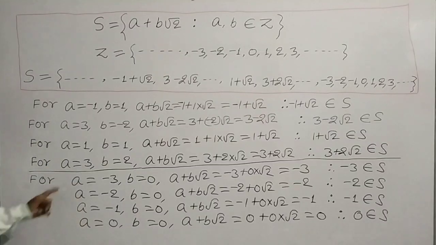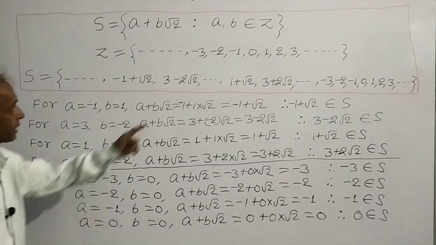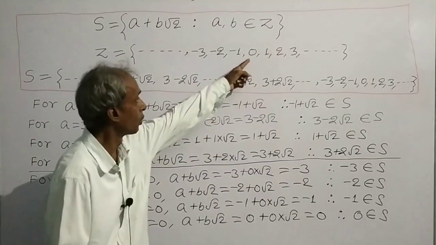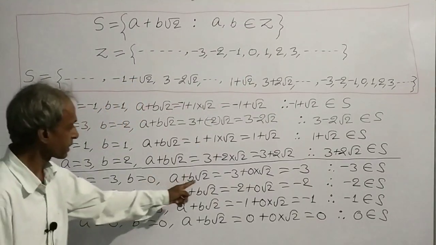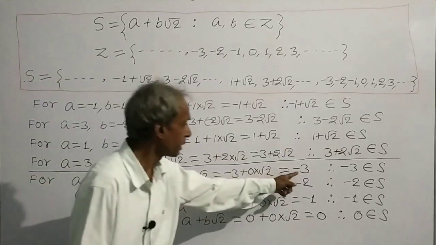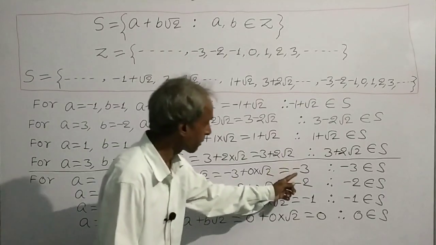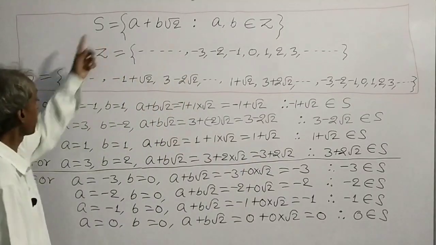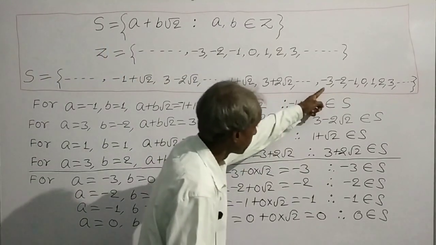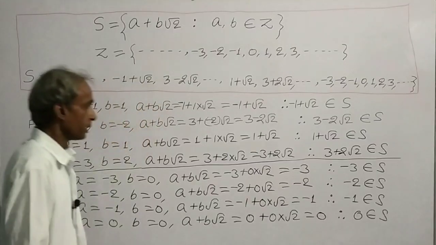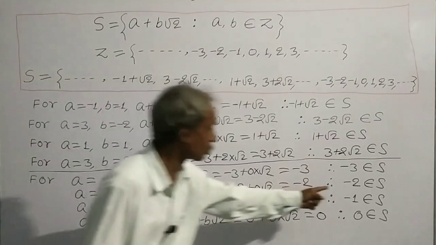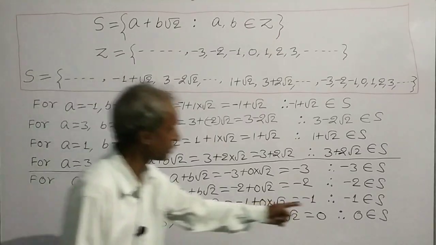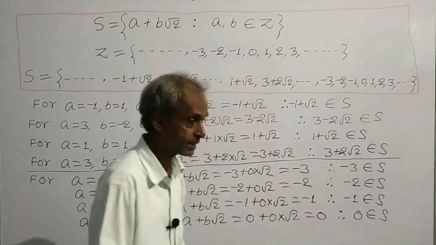When we put a is equal to -3 and b is equal to 0, then a plus b root 2 will be equal to -3. Therefore, -3 will also be present in this set. Similarly, -2 will also be present, -1 will also be present, 0 will also be present in this set.